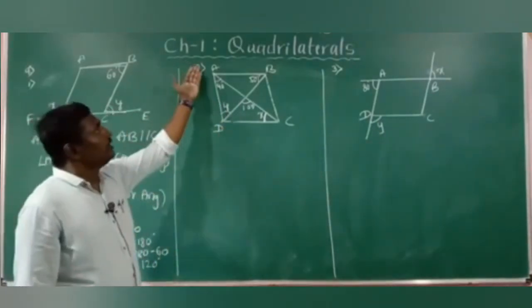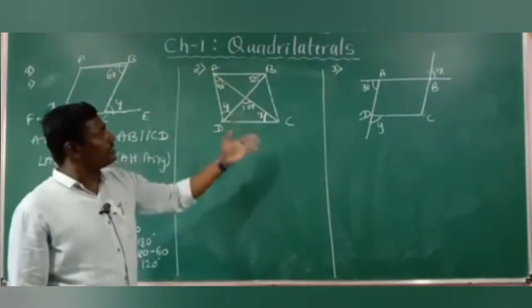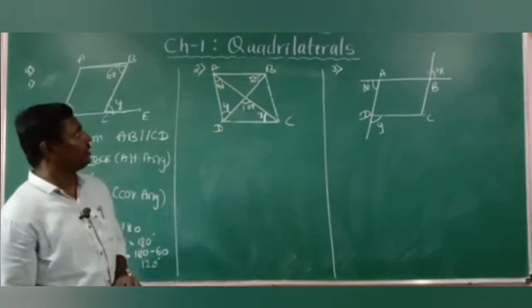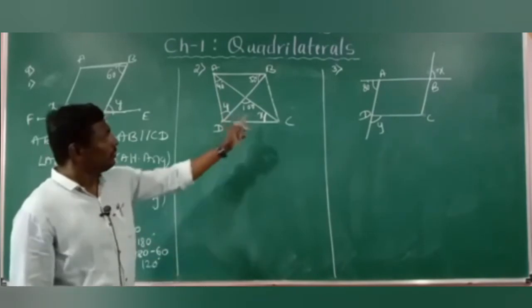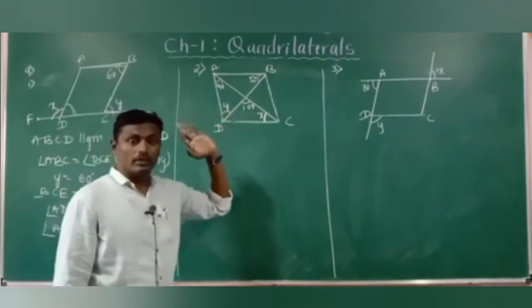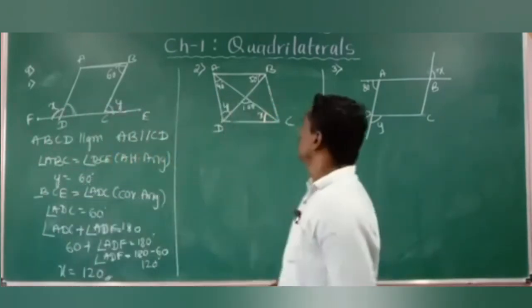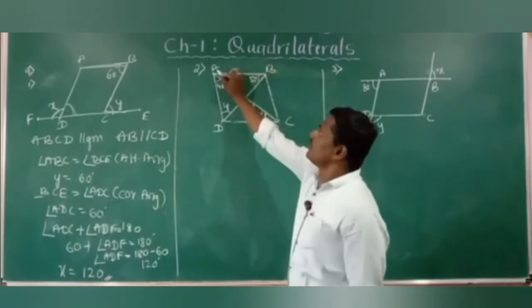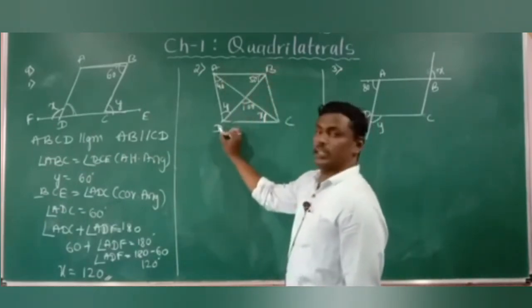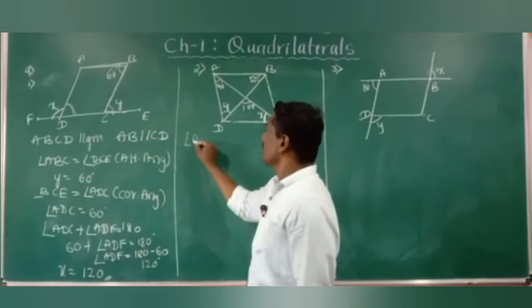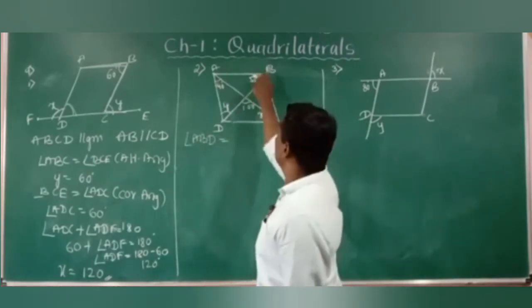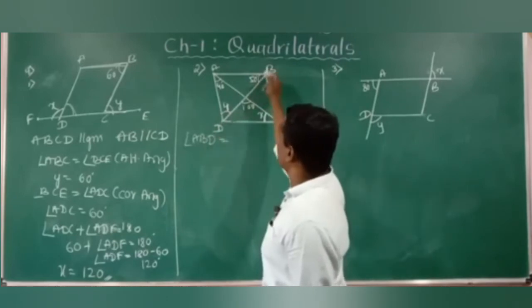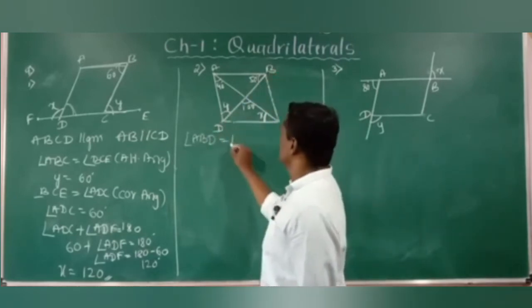Here in the second question, again ABCD is a parallelogram. In that, some angles are given. You need to find the x and y values. Okay, listen here. Angle ABD is equal to angle BDC.